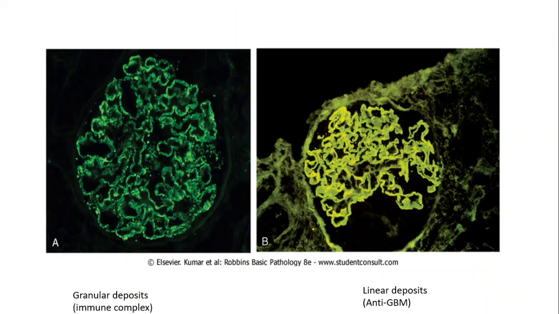See the classical electron microscopic appearance. There is a granular deposit all throughout the glomerular tuft, or there is a linear deposition in the basement membrane, a continuous linear deposition you can find.